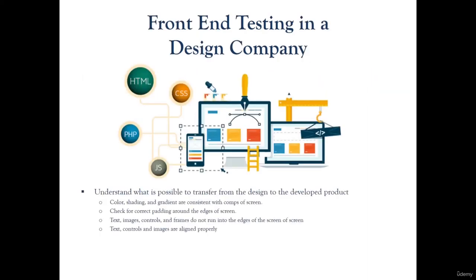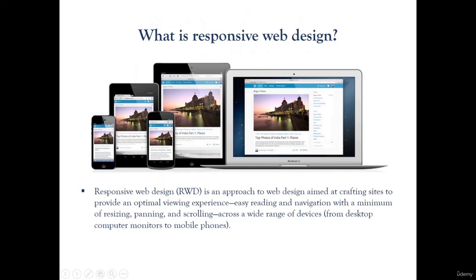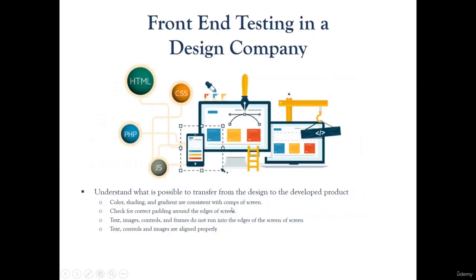First of all, you need to understand front end testing in a design company. You will see the web technology and understand the possible way to transfer from design to developer product. The color, shading and gradient should be consistent, and you need to check for correct padding around the edges of the screen.